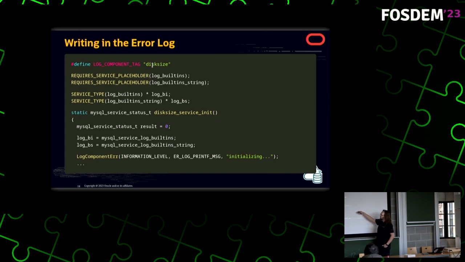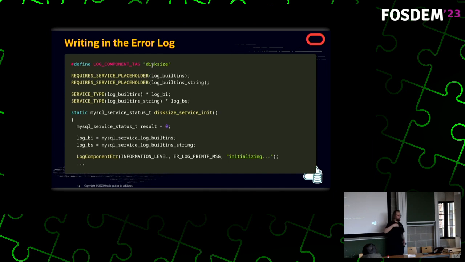And then, for example, when I initialize my component, I will call this and initialize the log objects. And when I do log component error, which type of error is it? It can be a warning. Here it's information level, print message, initializing.